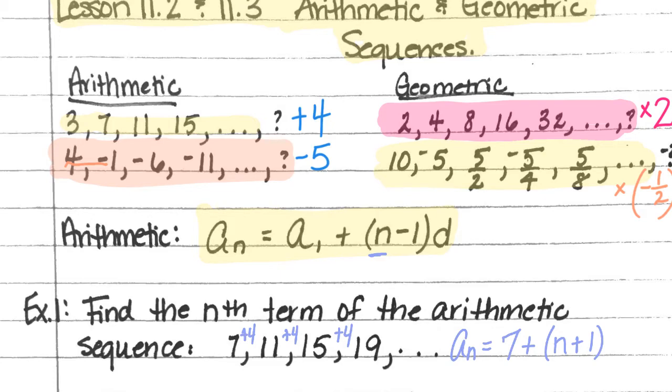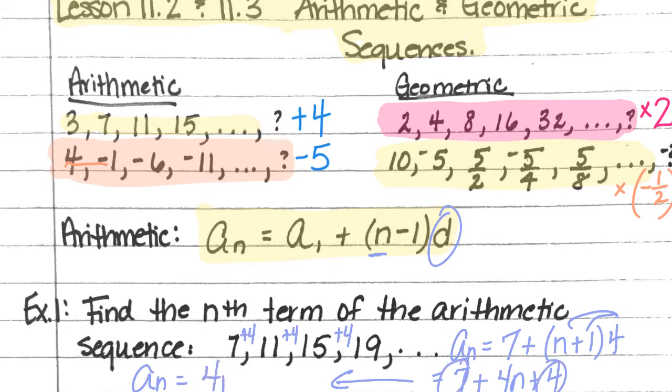So we know that the common difference, the d, is 4. We do have to distribute this. So we have 7 plus 4n minus 4. I'm running out of room, so I'm going to write my answer over here. The a sub n, the nth term, if I add like terms, is 4n plus 3.